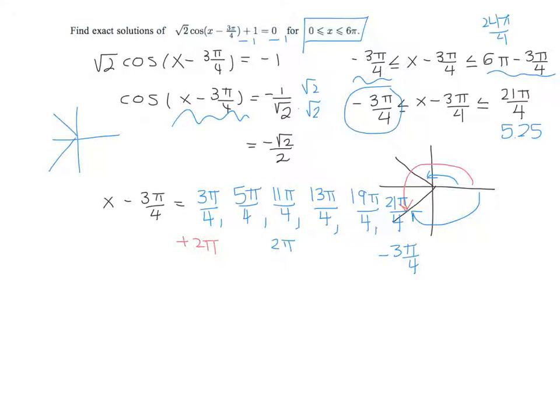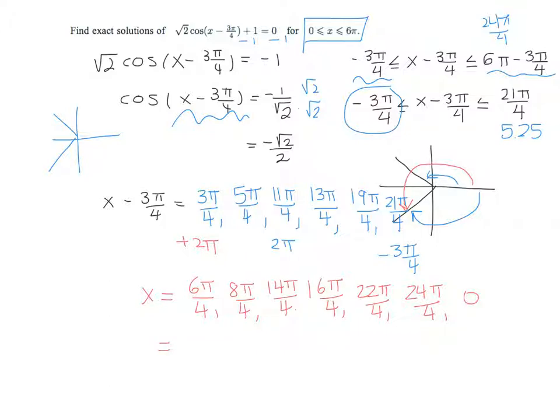So now solving for x, we're going to have to add 3 pi over 4 on both sides. So first one will be 6 pi over 4. Then we have 8 pi over 4, 14 pi over 4, 16 pi over 4, 22 pi over 4, 24 pi over 4, and lastly 0.